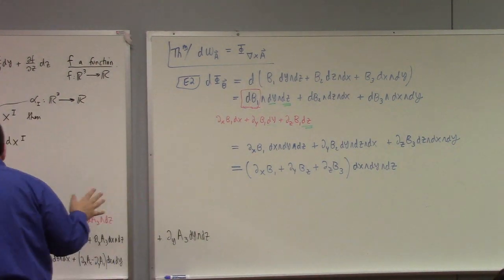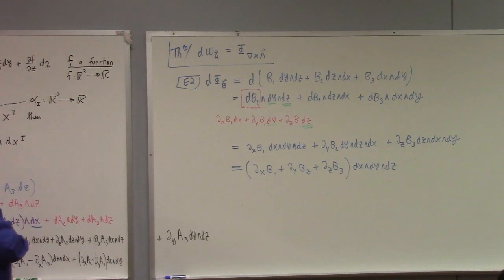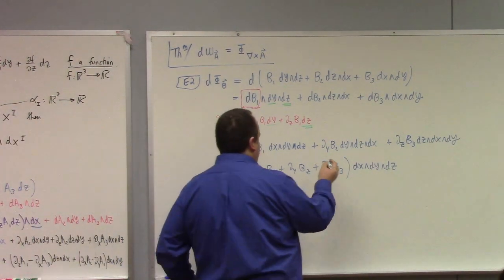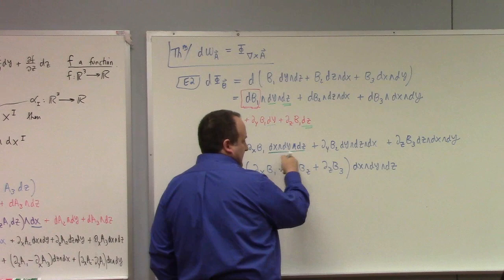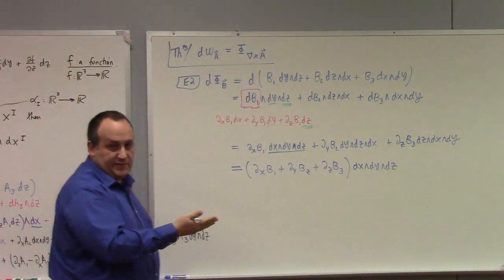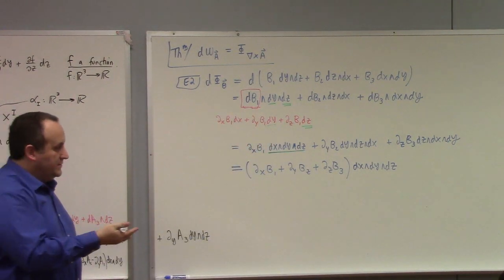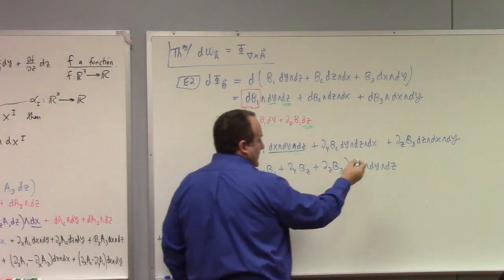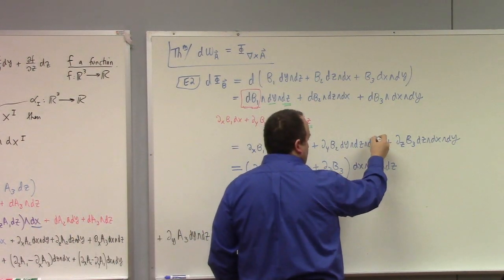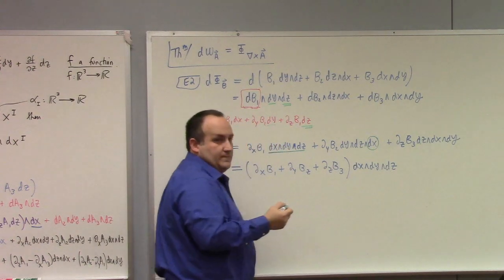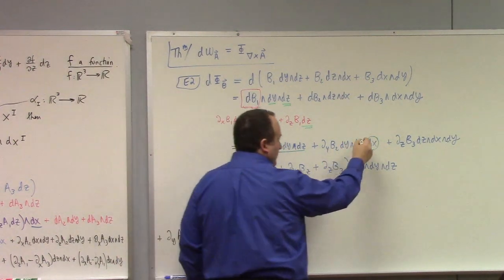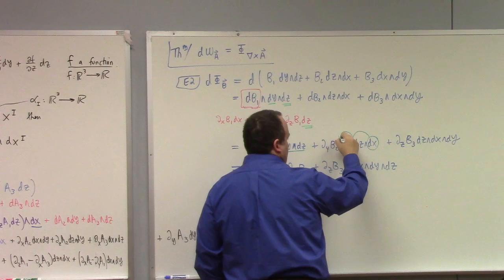The first one is already manifestly that, so there's nothing to do. For the second one, this dx is where it doesn't belong, so I have to move it over 1, 2 spots.